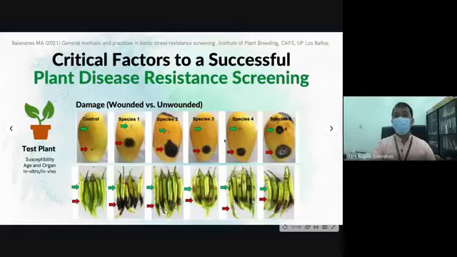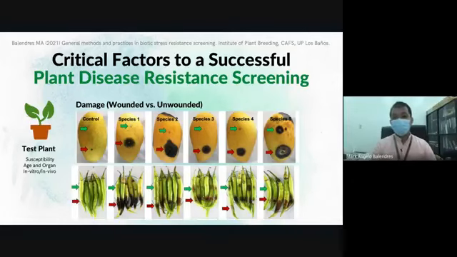Next, you need to know whether you get infection when it's wounded or unwounded. Now, there's always this argument that you will always get infection when it is wounded. And that is true, but not true for all pathogens and diseases.